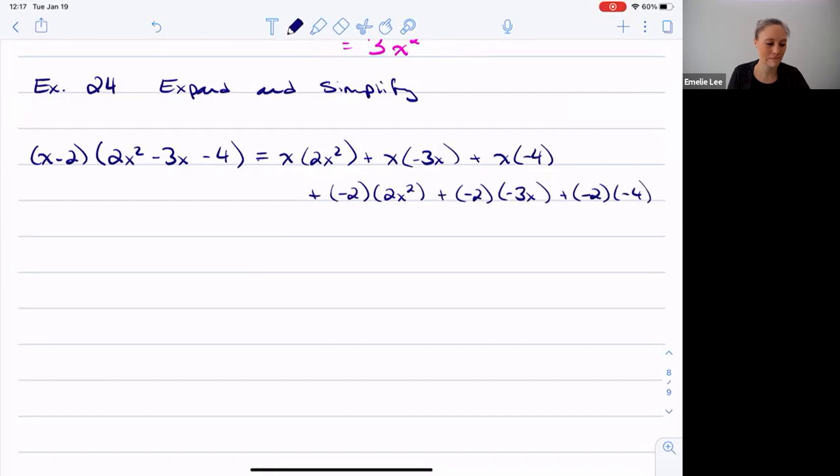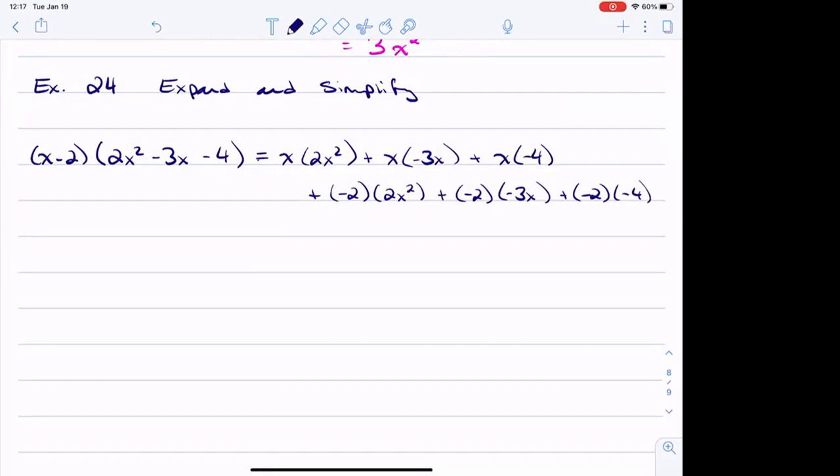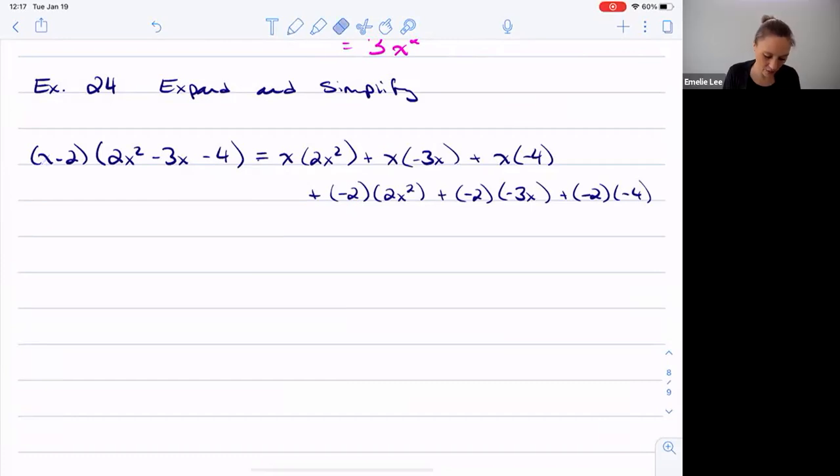Okay. Professor, how did you get the x times minus 4? Because there was no x in the equation with 4. So that's going from here, x times -4.